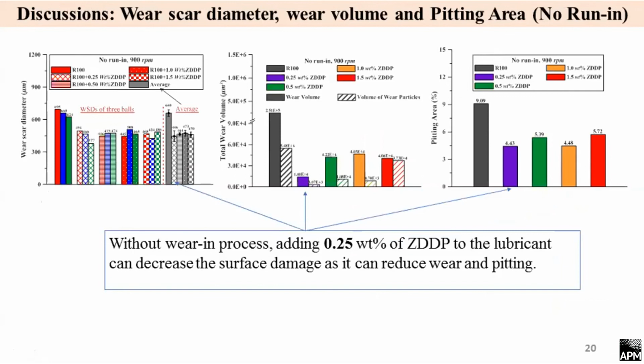And in the case of no running-in process, adding 0.25 weight percentage of ZDDP can decrease the surface damage as it can reduce wear and pitting better than the other cases.